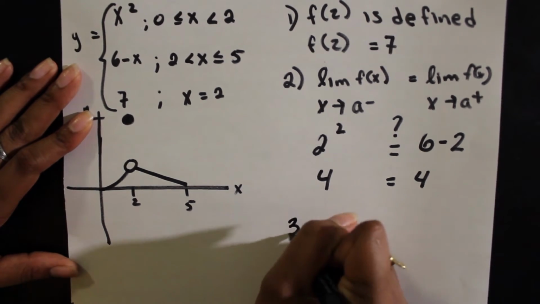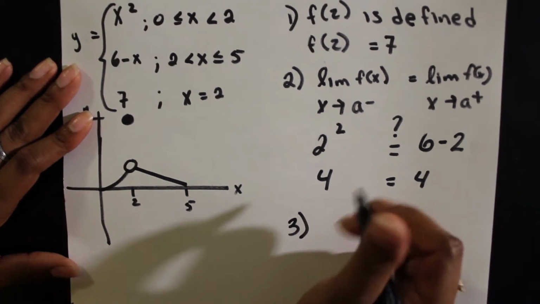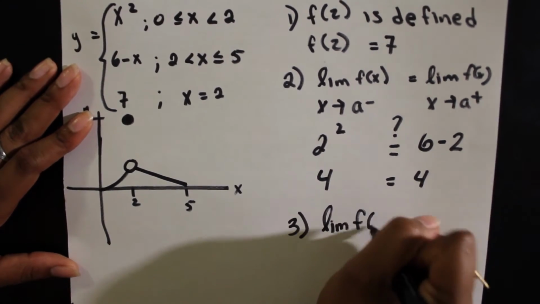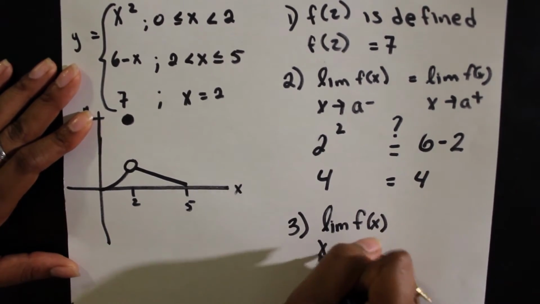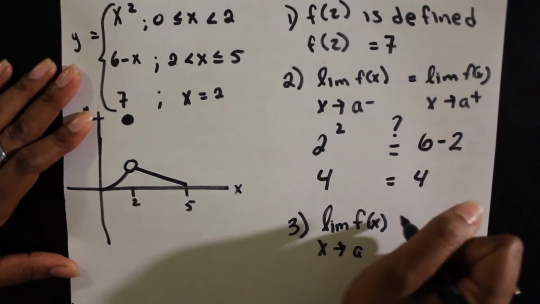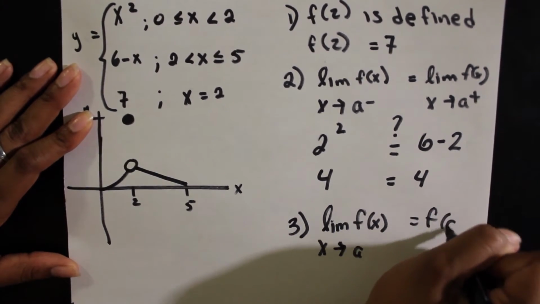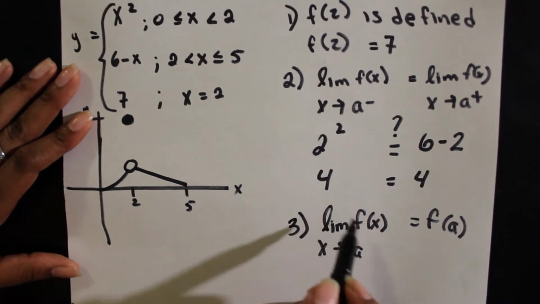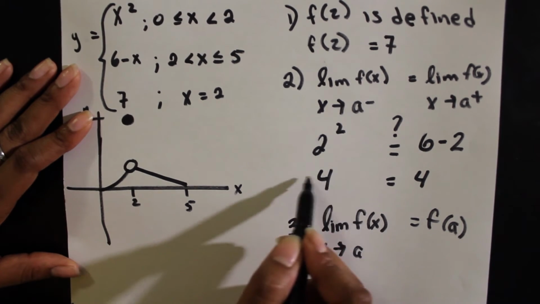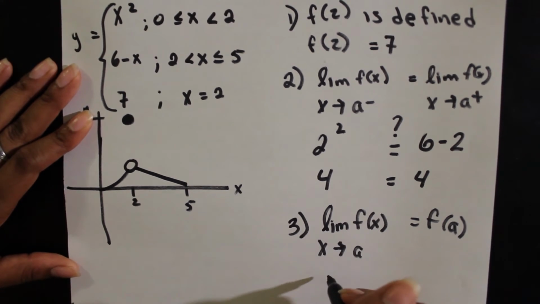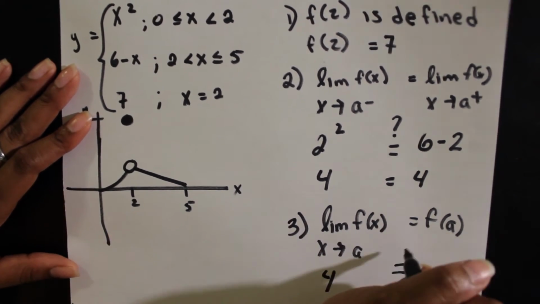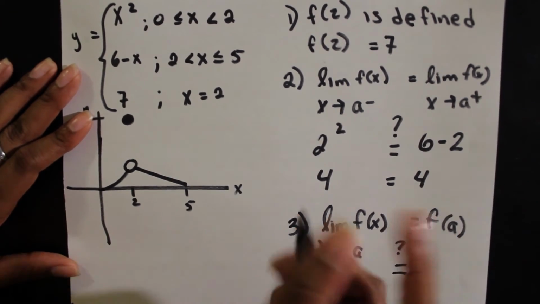Now our third and final check is, does the limit of f of x as x approaches a equal f of a? Well, here we determine the limit of f of x as x approaches a, and we got 4, and it should equal f of a.